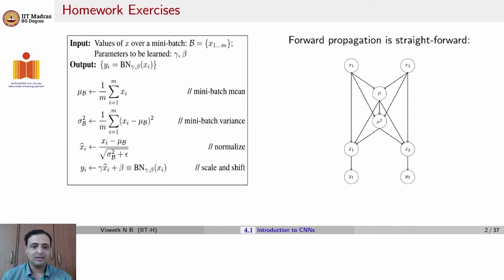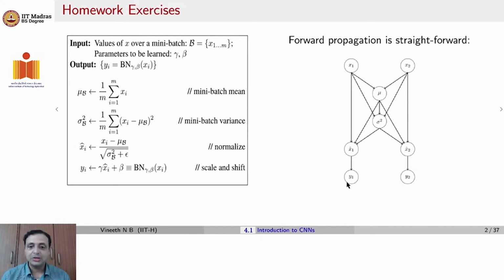So what you see here is the algorithm of batch normalization that we saw last time. Let's quickly review that in terms of how it looks on this graph, what is known as the computational graph. You have forward propagation: given x1 and x2, and given a mini batch of data, you find the mean and variance of x, the activations out of a particular layer, and then you normalize that data using the mean and variance.